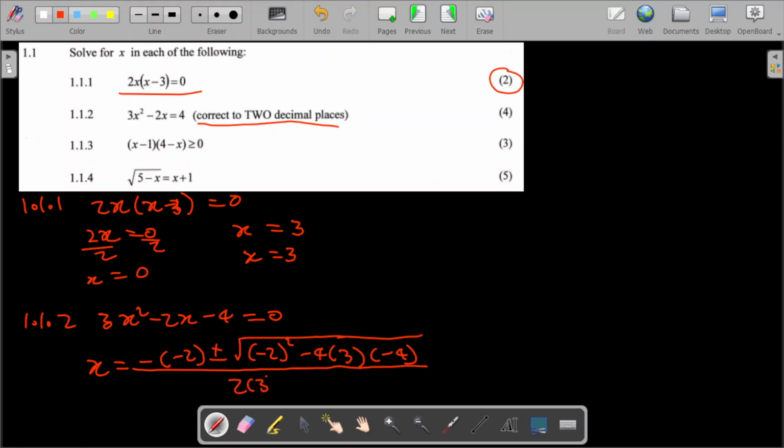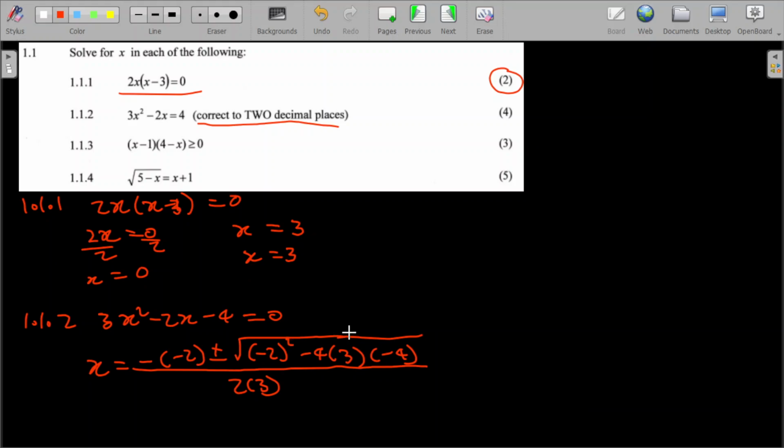my a is 3, and then I'm just punching this into my calculator right now. Hopefully you can do the same thing as I'm doing. Minus 2 squared minus 4AC, and then all over 2A.